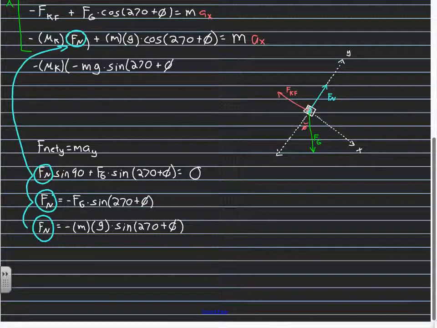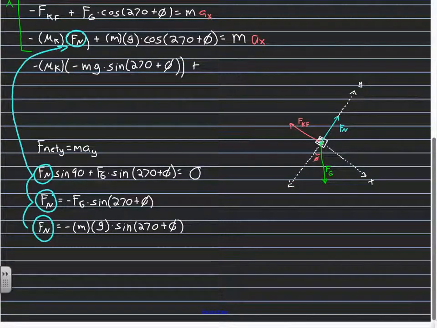I took away those parentheses because there's a lot of parentheses here. Okay, so there's the normal force plus. Now we need to add the force of gravity. Plus, again, I'm going to take the parentheses away. mg times the cosine of 270 plus theta. And that's all going to equal m times our unknown a sub x.